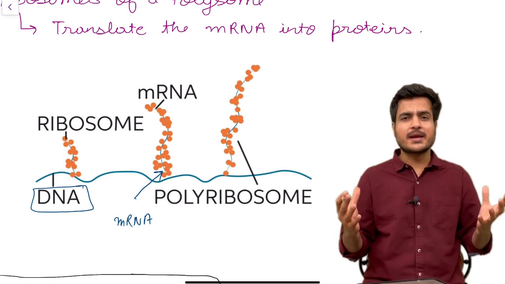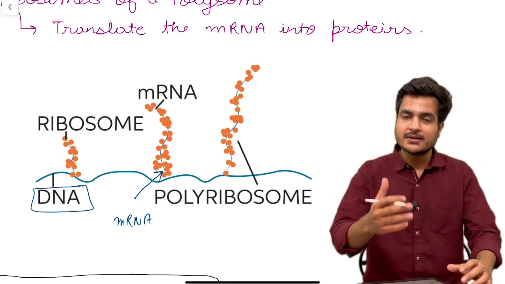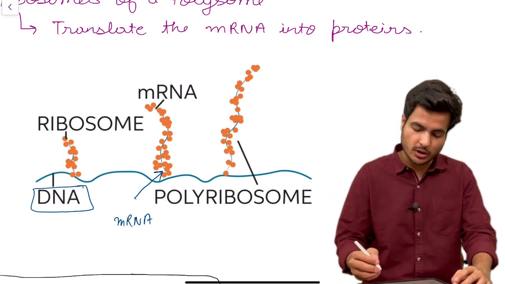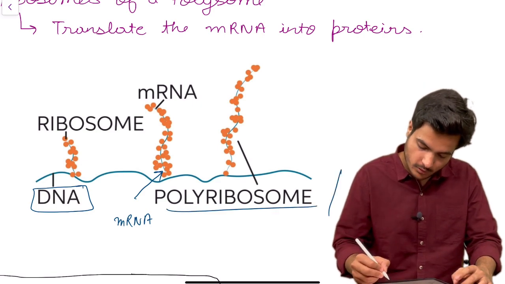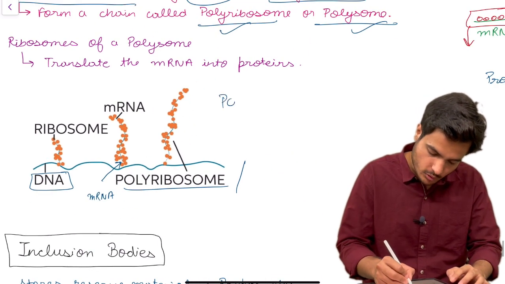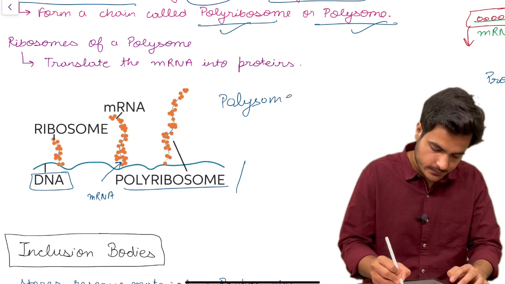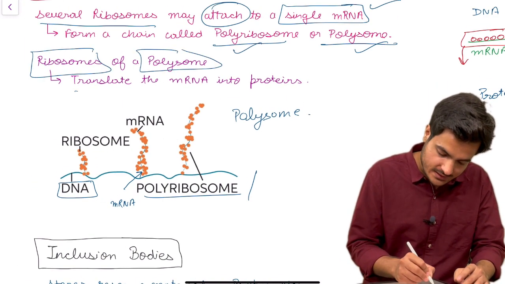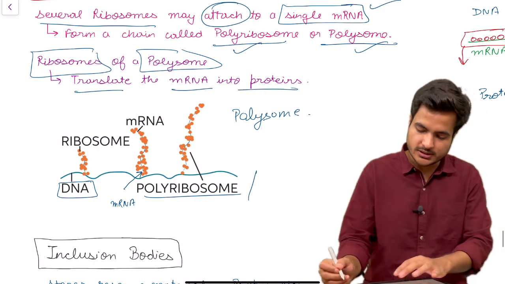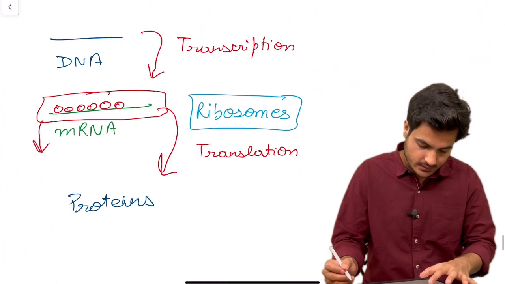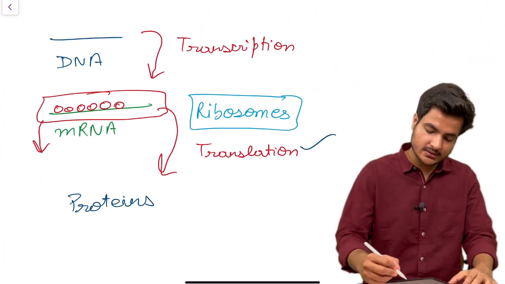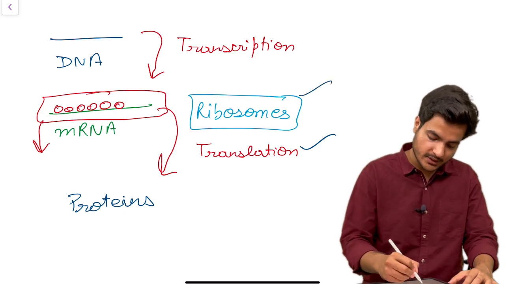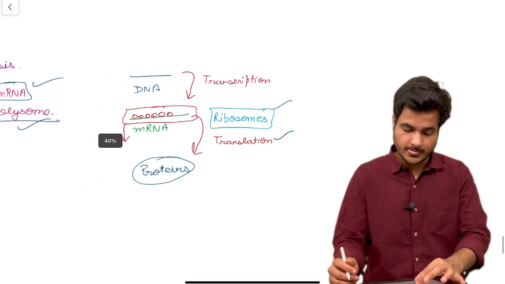When multiple ribosomes are attached to the mRNA, this forms a structure called a polyribosome, or polysome. Ribosomes of a polysome translate mRNA into proteins, which I have described here. The process is called translation. Ribosomes make proteins from mRNA.